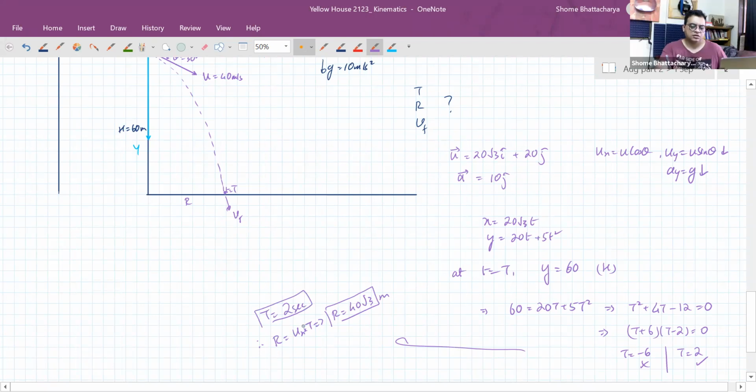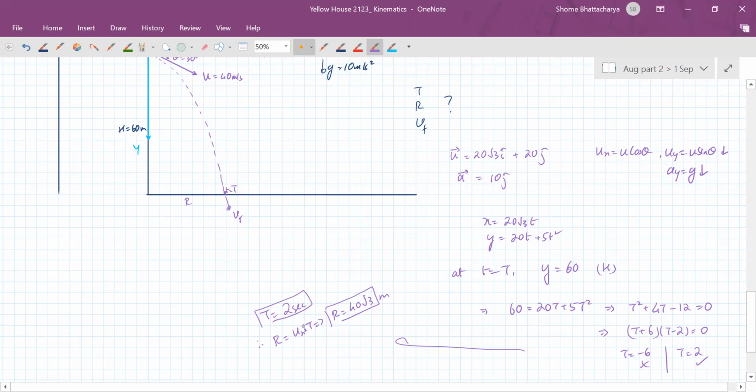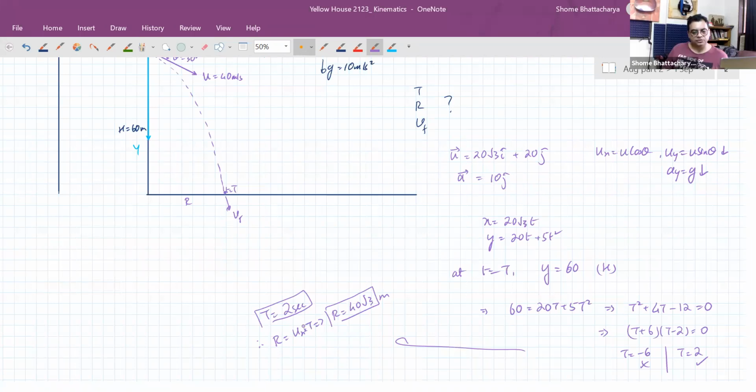See, the roots of that equation. Product of the roots is minus 12 and sum of the roots is... yeah, okay, so I'll check my calculator. Minus 4 now.